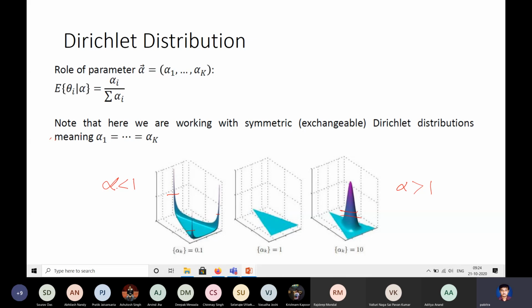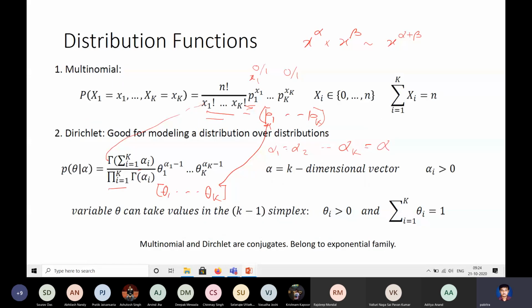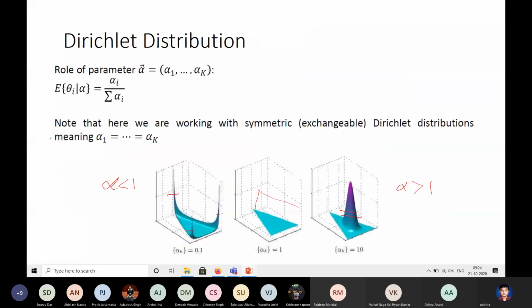Okay, and if you set alpha equal to 1, I have not drawn this. Oh no, sorry. If you put alpha equal to 1, it's a 0 exponent because it's alpha minus 1, so the density is flat everywhere. So alpha greater than or less than 1 determines whether the distribution is biased towards the corners.